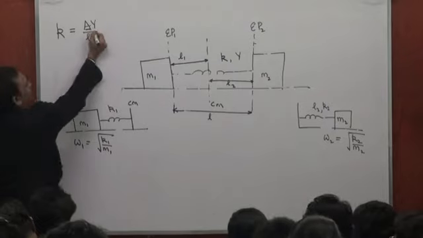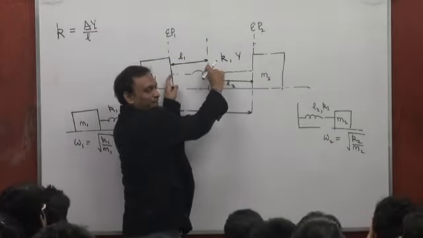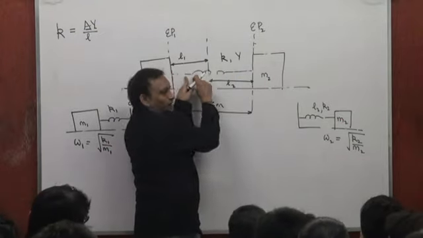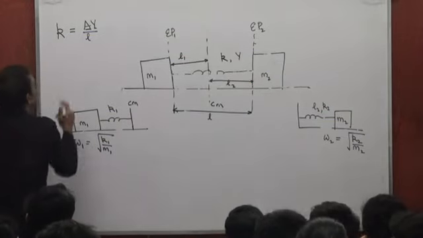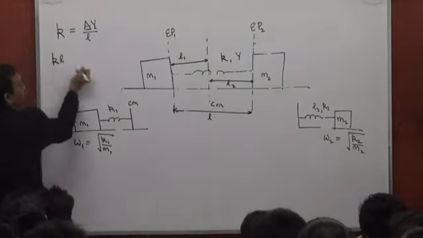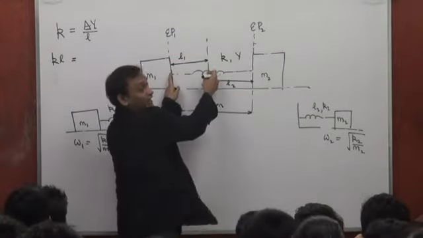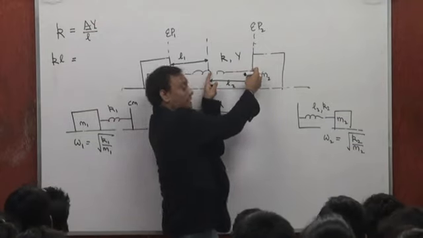Because K into L will be area of cross section into Y. So for this part of the spring, same A. For this part of the spring, same A. Same material, so Y of this is the same as Y of this. Yes or no? So can I not say that K into L, which is for the bigger spring, must be equal to K1 L1 for the spring, must be equal to in turn K2 L2 for the spring, right?